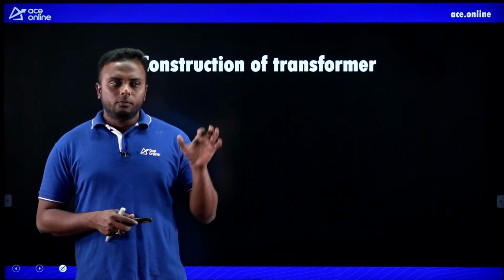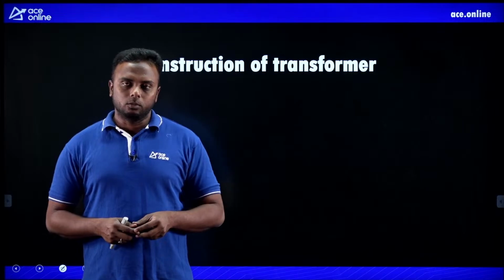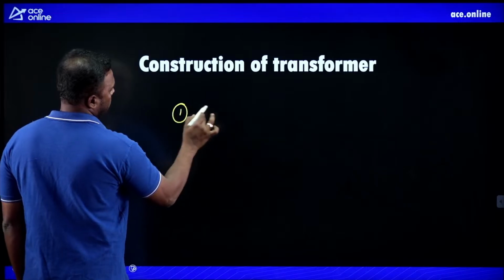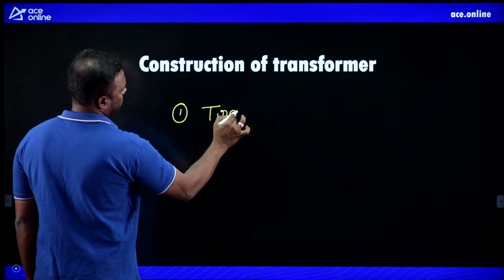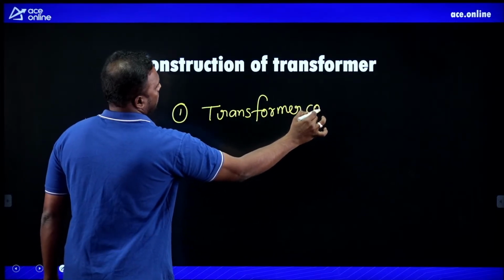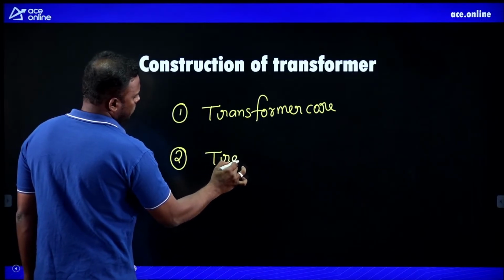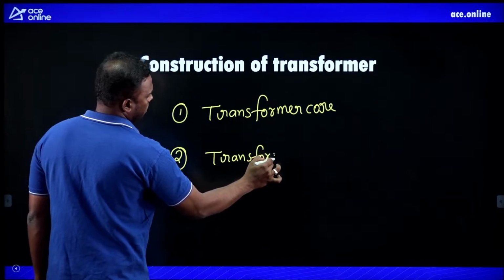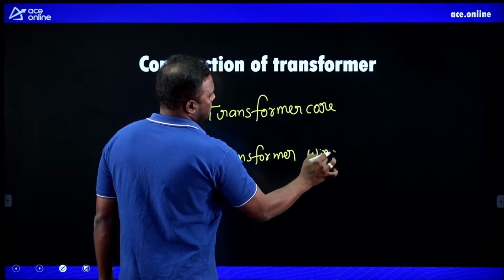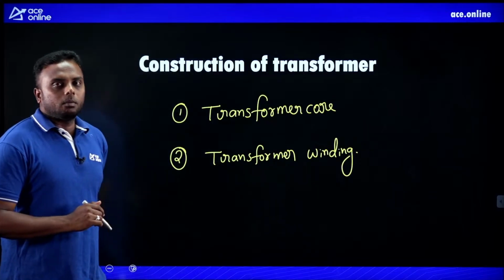If you see the transformer from outside, what is directly visible is the tank. So mainly we have to discuss two parts here: first one is transformer core and transformer winding. These two are the important parts from the examination point of view, and other than this we also get some questions on other parts of transformer, but mainly transformer core and transformer winding.